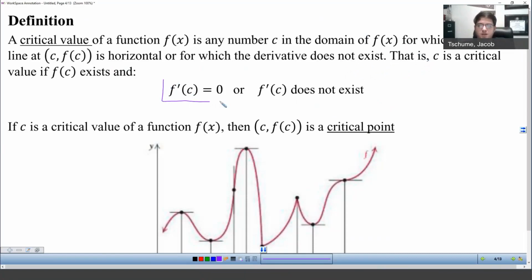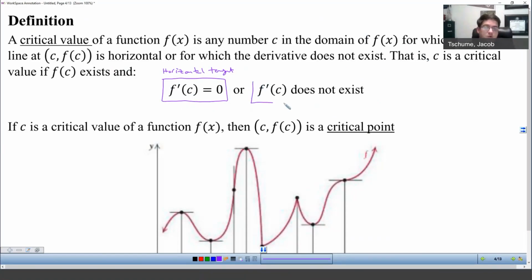Number one, you will take the derivative of your function and set it equal to 0. This is very similar to back in, I think it was 1.5, when we talked about horizontal tangent lines. That is what we did. We took the derivative and set it equal to 0. That will be where your critical value occurs.